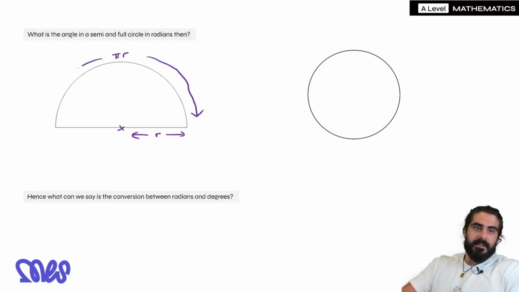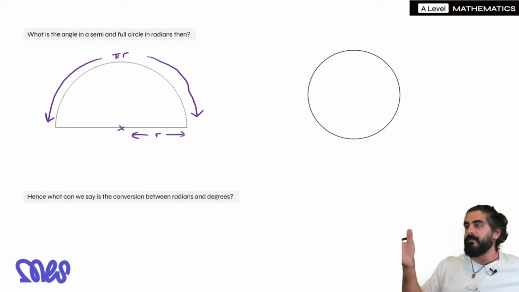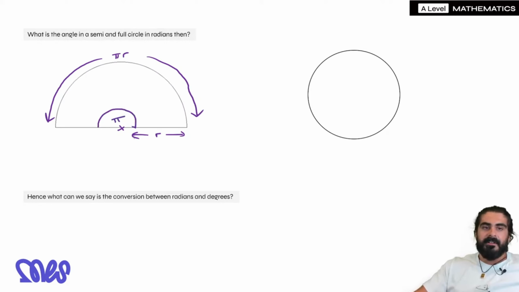So this length here is pi r. Then we ask ourselves, how many times bigger is pi r compared to r? Well, if you times r by pi, you get pi r. So that must mean that the angle here is pi in radians.